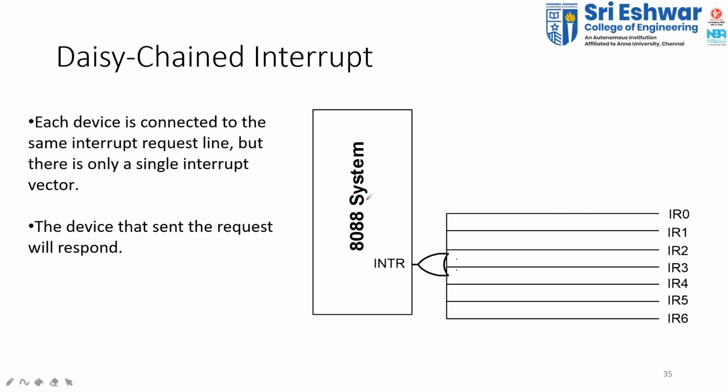So whenever you have an interrupt in the lines with priority, that will be added with the OR gate, and that is given as input to the interrupt pin present in the 8086. You can take this as 8086. 8088 is also a processor, but we can take this as 8086 instead. This is daisy chained interrupt.